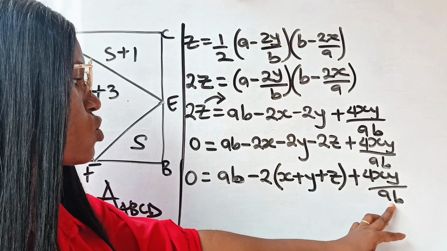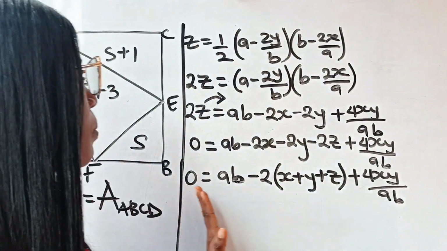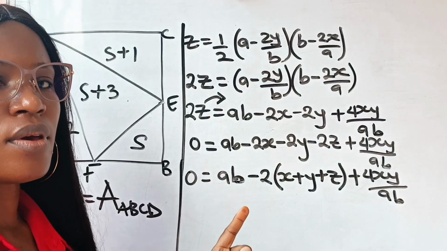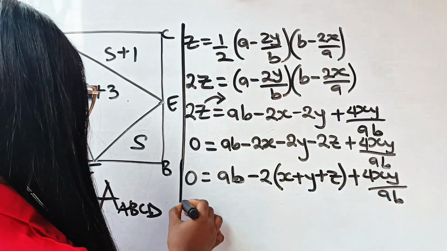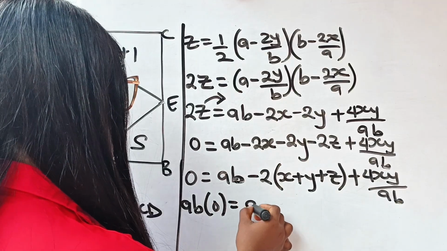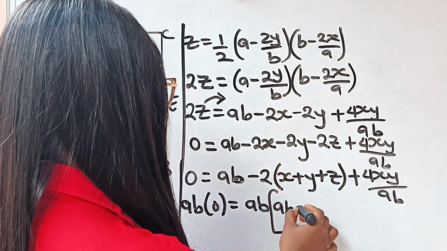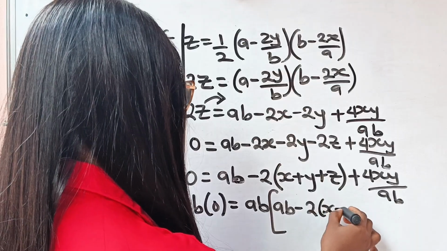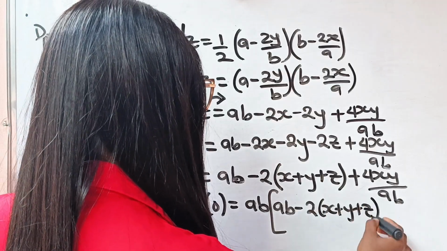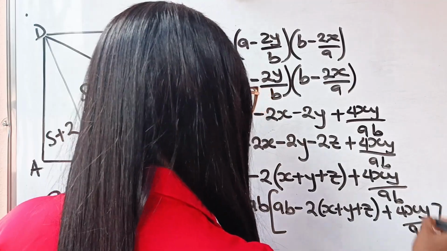Now, if we want to clear this fraction, we don't have any other option than to multiply through by ab. So we are going to have ab multiplied by 0 is equal to ab multiplied by the whole of this: ab minus 2 bracket x plus y plus z plus 4xy over ab.